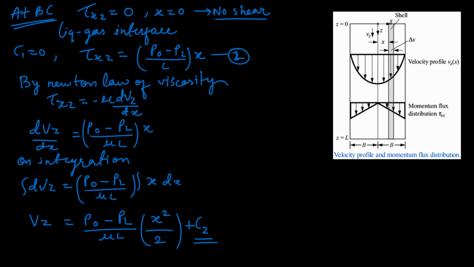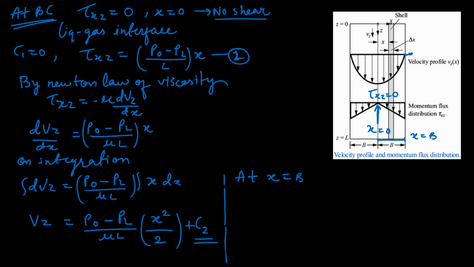So what is my second boundary condition? At x equals to 0, I have tau xz equals to 0, the air liquid interface. At x equals to b, that is at this distance, what do I have?